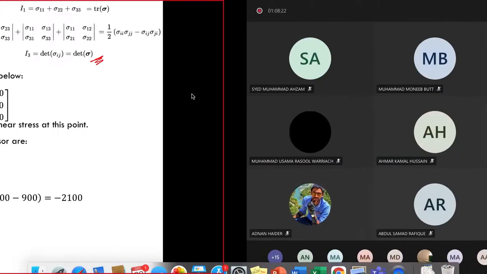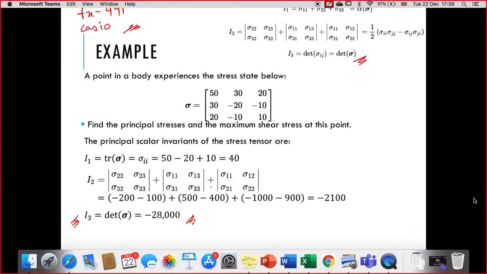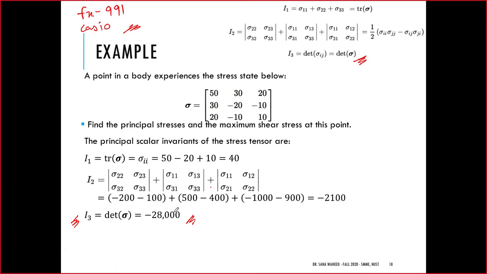So anyway, coming back to it, that is how I have just done it. I have just used the calculator to find I3, the third principal invariant.